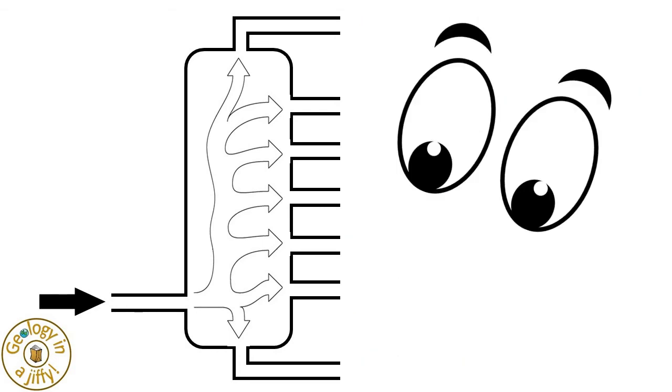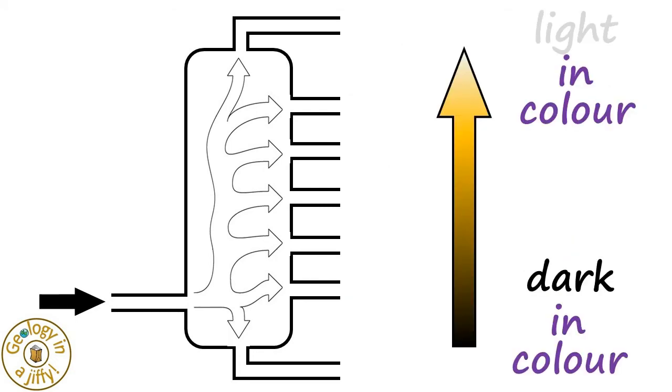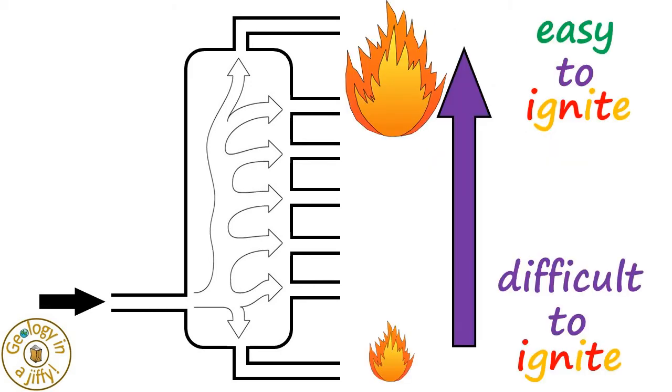If we were to look at each of these fractions, we see that the fractions with higher boiling points at the base of the tower are much darker in colour, the colours of the fractions becoming much lighter as one moves up the tower. If we study the flammability of the fractions, that is the ease at which they ignite, we find that the fractions with higher boiling points at the base of the tower are much more difficult to ignite, and as one moves up the tower, they become much easier to ignite.